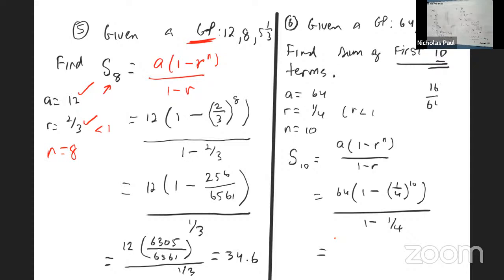So 16 divided by 64, that'll give you r. Correct, Jamian. Correct, Malini.